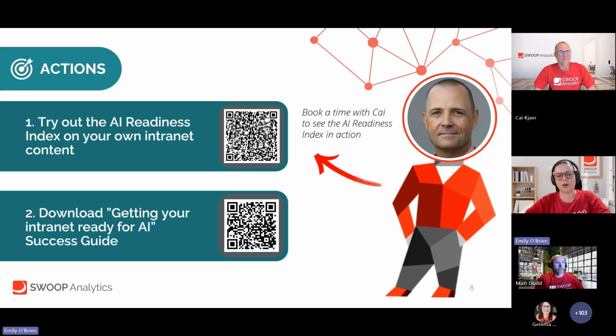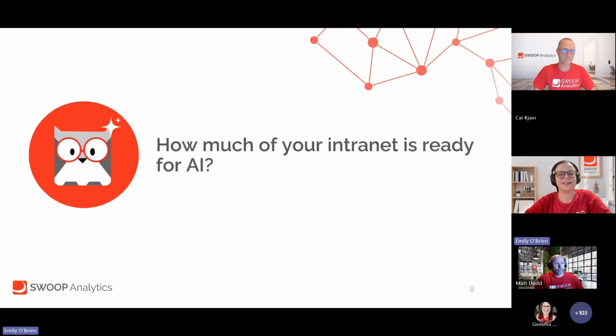Now, the next question that I would like for us to get into is how much of your intranet is ready for AI? This one will be a poll question, so just bear with me and I will launch this one in just a moment. Let me close off the previous one as well, and I'm going to launch our next one. So again, I'm going to give you a few options for you to share.